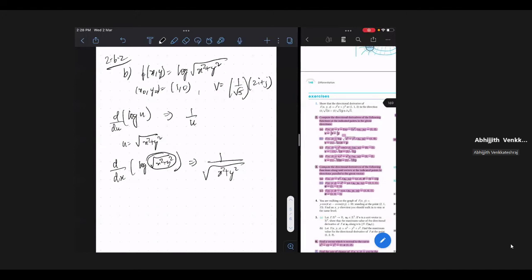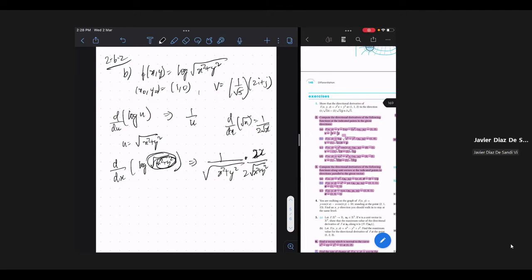In this case, it's root x, and we know that the differentiation of root x is 1 by 2 root x. So this is going to be 1 by 2 times x squared plus y squared, times the differentiation of what's present inside the root. The differentiation of x squared plus y squared with respect to x is just going to be 2x.